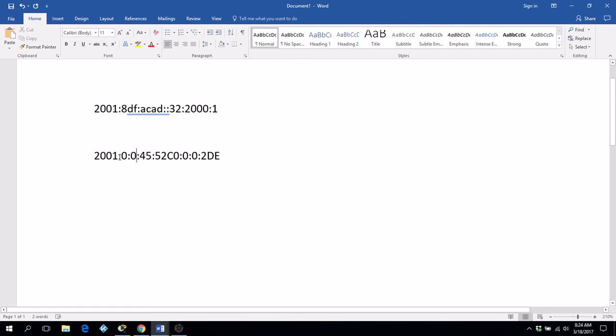So this has its 4, this one has to have 4, and then this one has to have its 4. This one has 2, so you put the 2 insignificant zeros. This one has its 4, this one has to have 4, and this one has to have 4, and the last one just needs a 1. And there is my 64-bit written in hexadecimal.